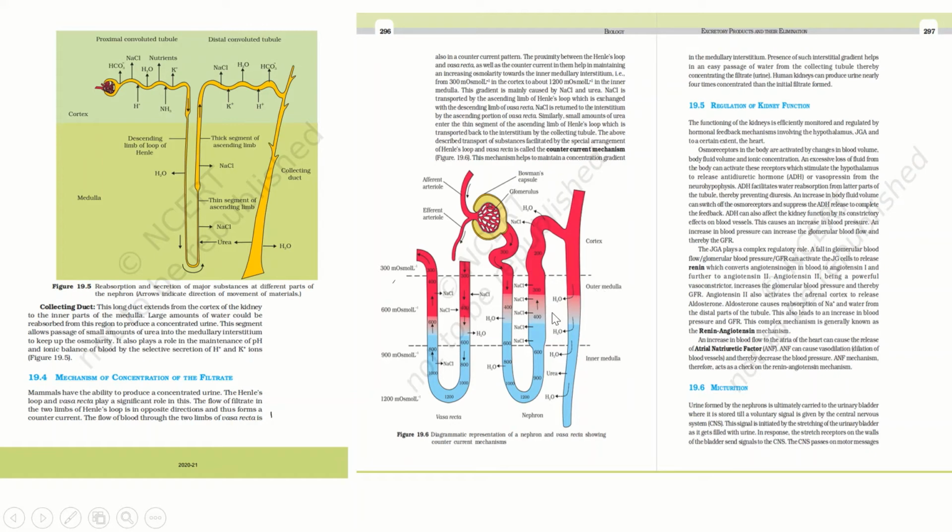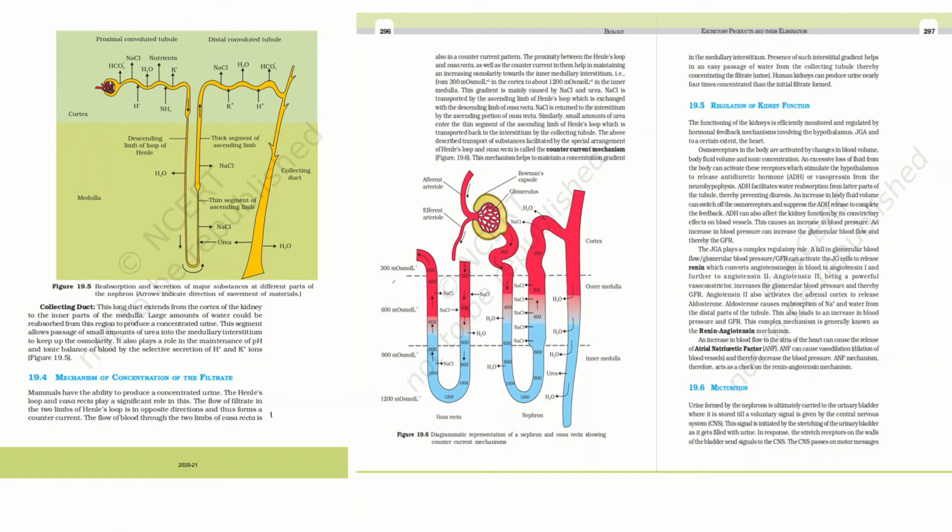You can see the many channels through which water is reabsorbed into the interstitial fluid, and by this the urine gets concentrated, to 4 times the level present in the cortex.